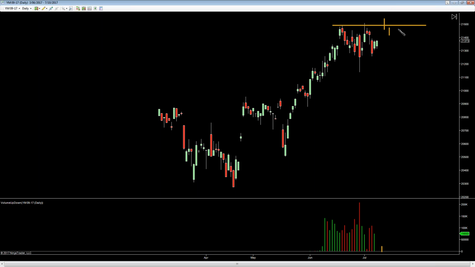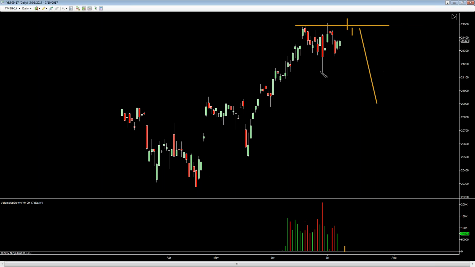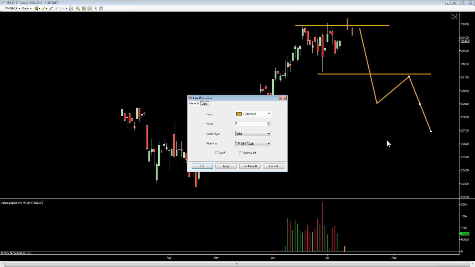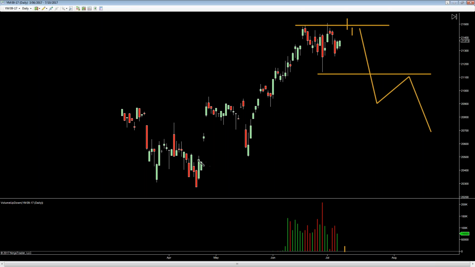And when that happens, then we're probably going to see a more sustained move to the downside, where we're going to break the low, we're going to retest, we're going to make another move lower, and maybe retest the zone down here around 20,500, maybe even 20,000.